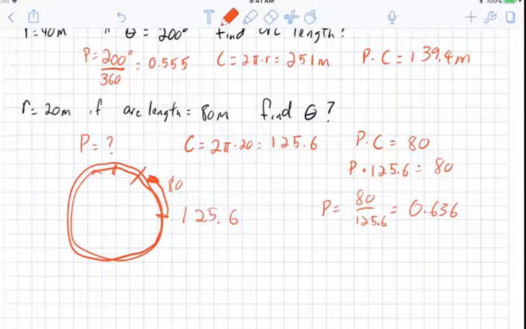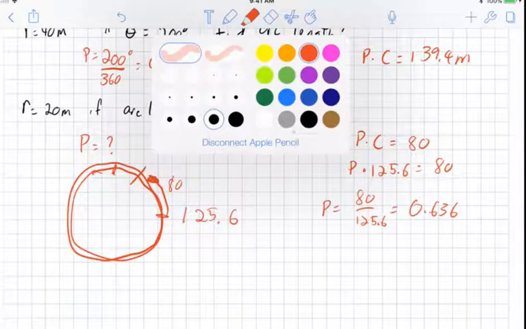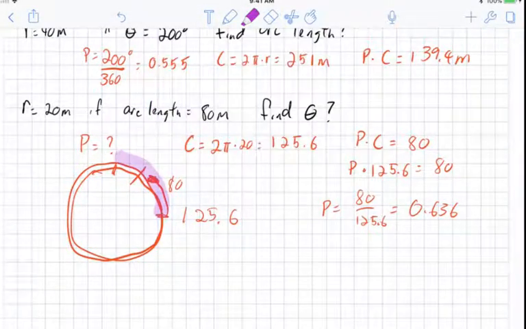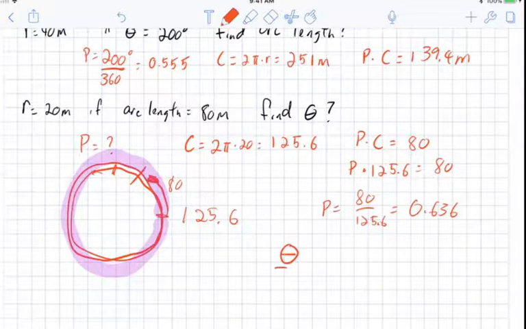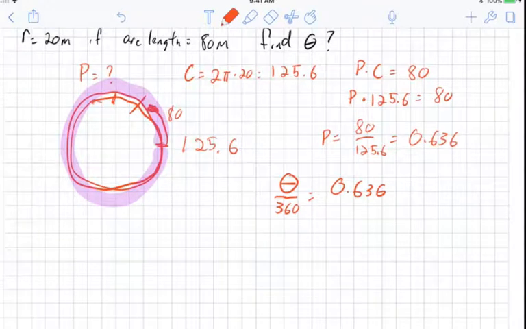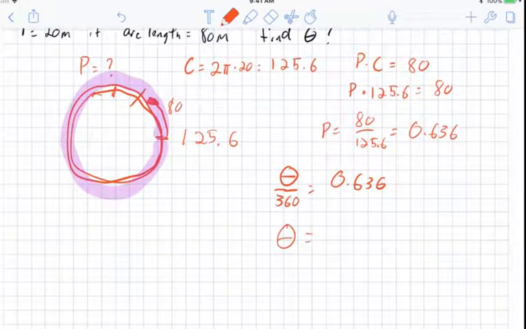And I know that all the way around the circle here is 360 degrees. So the angle divided by 360 is equal to 0.636. So theta is equal to 229 degrees. Okay.